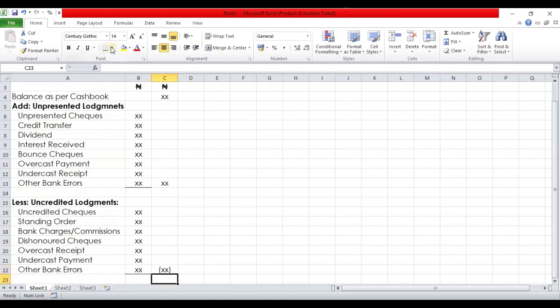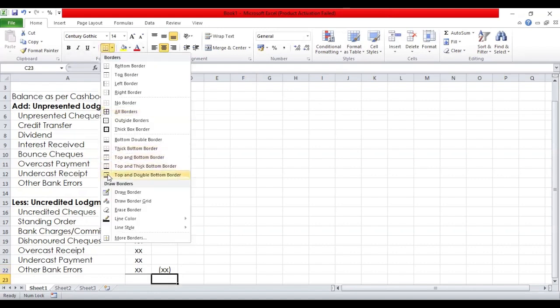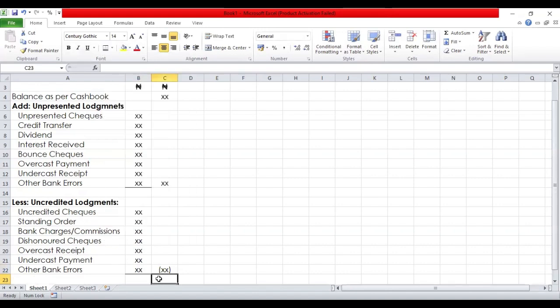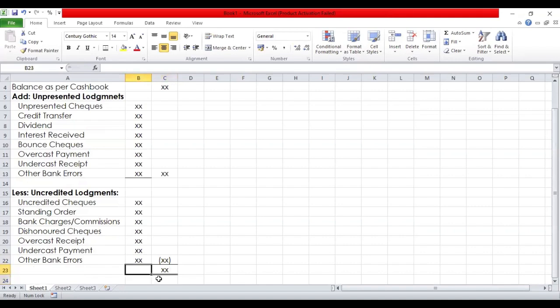Now put everything here. It will now be called balance as per bank.